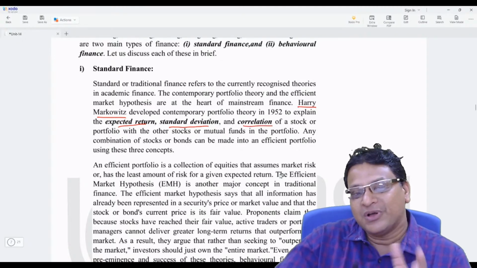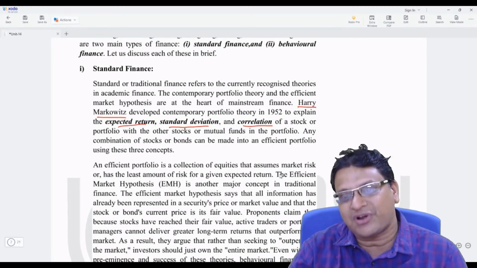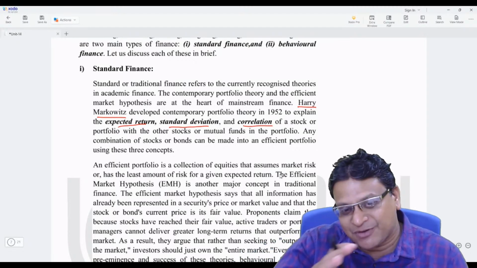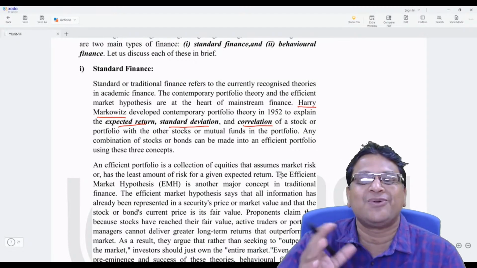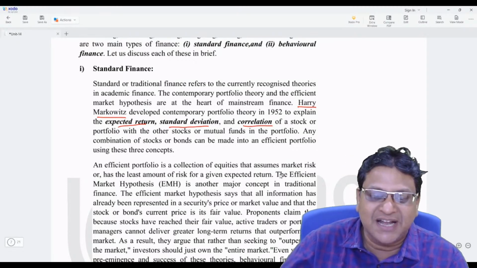We have to consider these three factors and construct our portfolio in such a way that the risk is minimized and the return is maximized. That is the basis of standard finance.